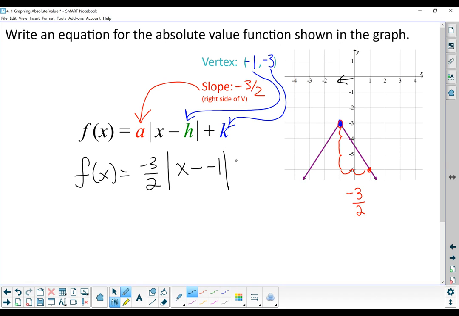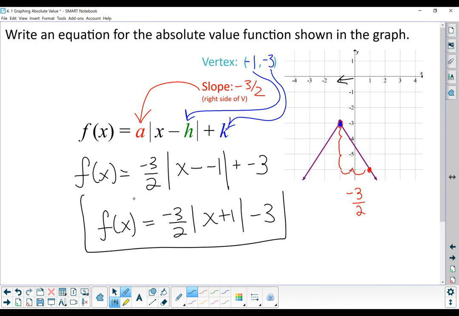And then you could write it as plus -3 if you want. So if I clean that up and make it look a little bit nicer, we would say -3/2 |x + 1| minus 3. That would be the probably more proper way to write it.